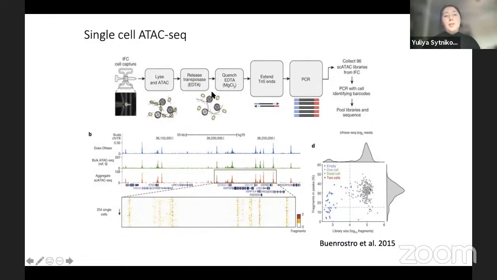And then after treatment with transposase, cells were lysed, library was prepared, and they did sequencing.